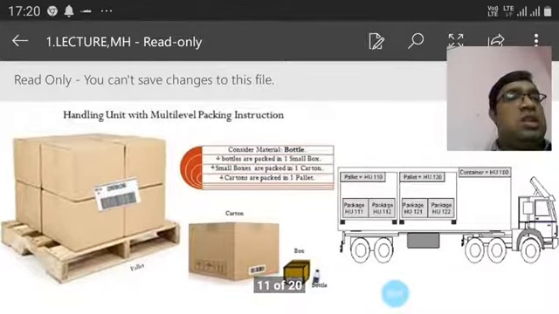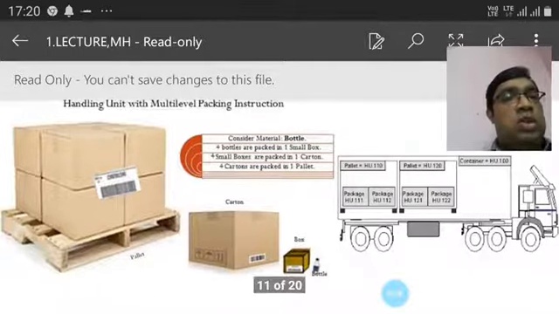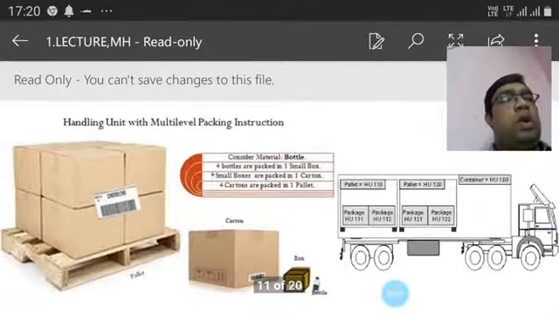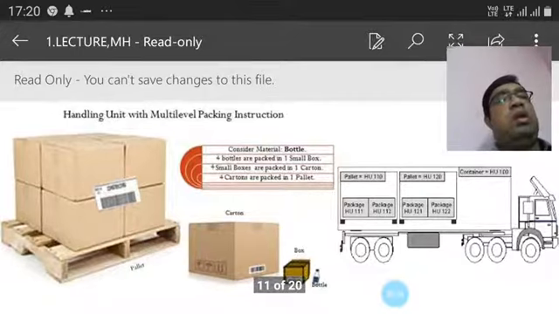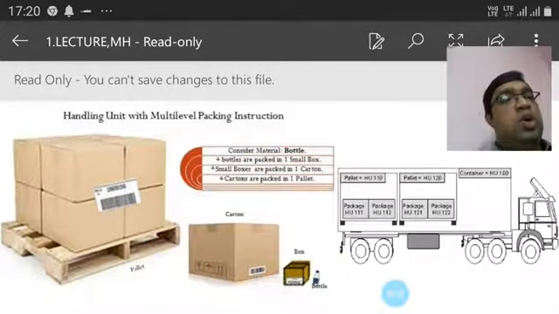And you can see that this is on a car, and on this car you have to put this. Four bottles are packed in a small box. You can see, just like a Coca-Cola bottle, this will be transferred very easily. There is no breaking, and no damage will occur during the transferring procedures, because this is a good materials handling procedure.